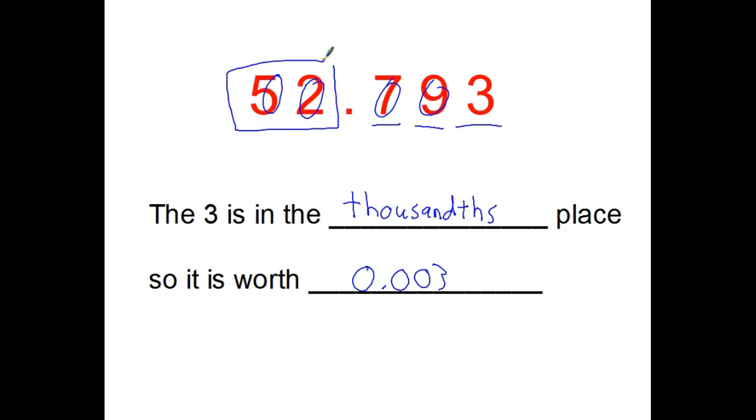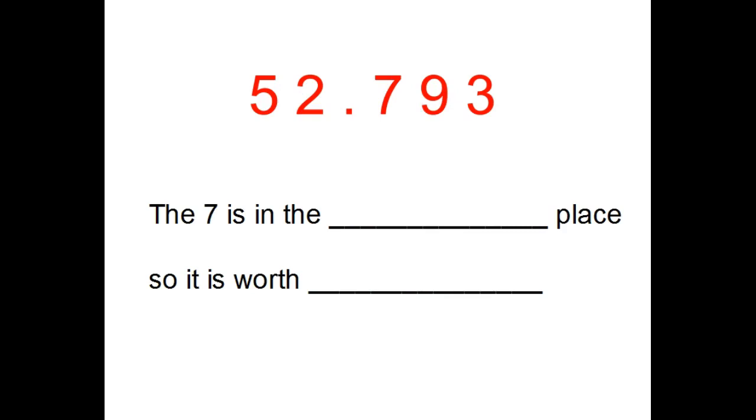I didn't need 2 of them. 7, going to the right of the decimal, tenths. 0.700, which is the same as 0.7. A 7 in the tenth spot is worth 7 tenths.